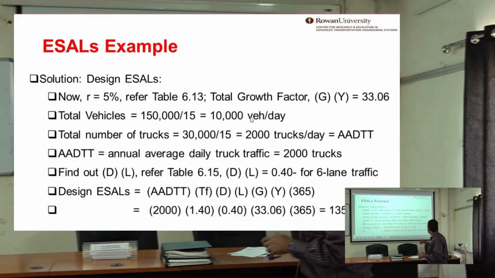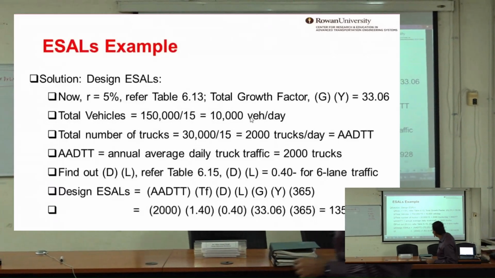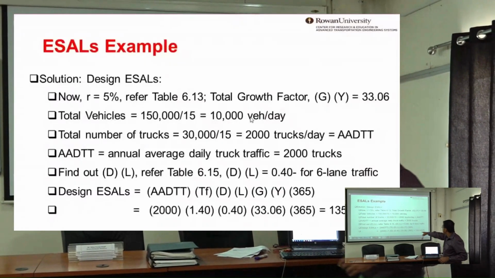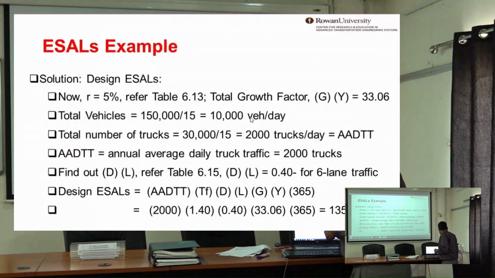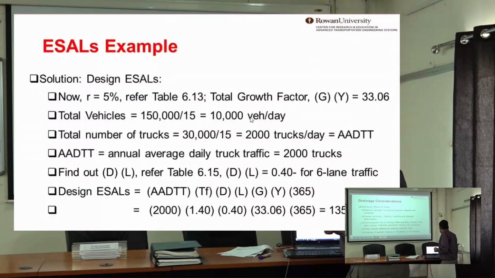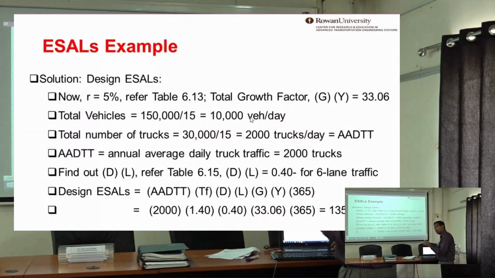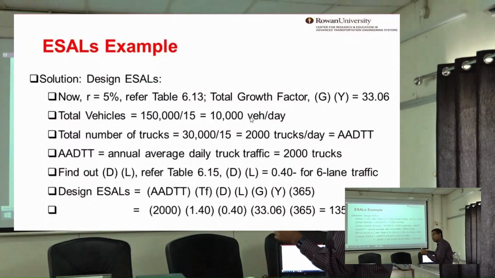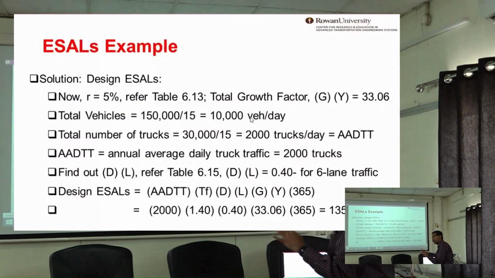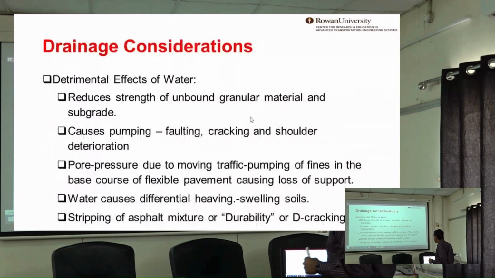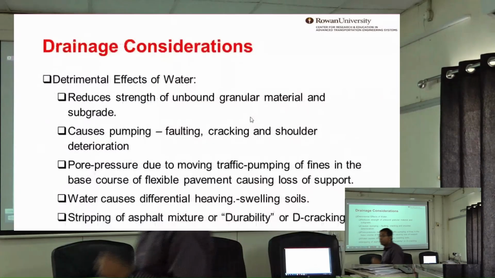So here again, D is 0.5, L was 0.8. I gave you 0.7, but the number should come like this. All right. How much time do we have? You good? Keep going.